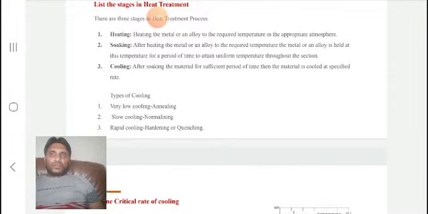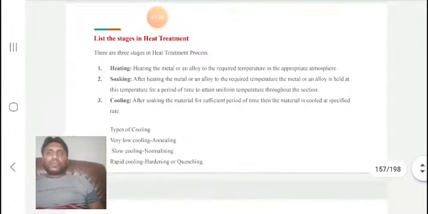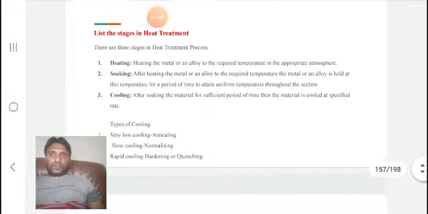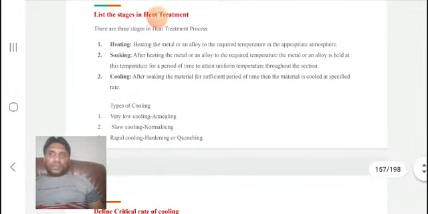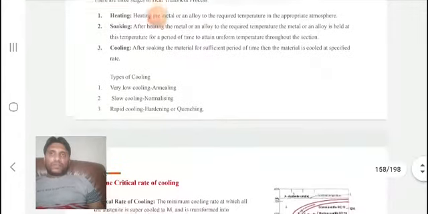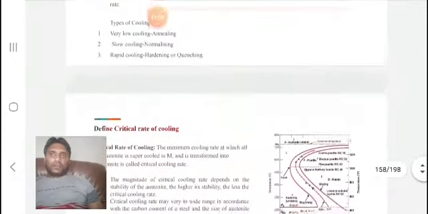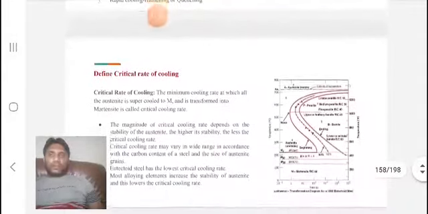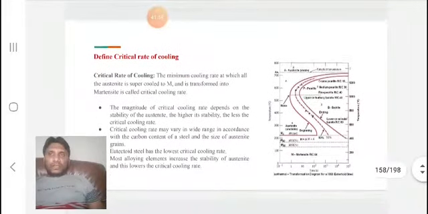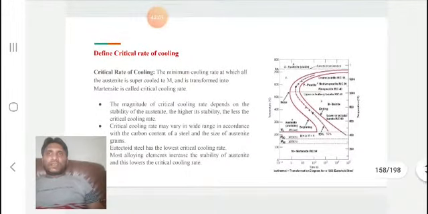Based on these cooling types, the final microstructure will be decided, and the mechanical properties will be based on that microstructure. What annealing, normalizing and quenching are, we will be discussing in the upcoming videos. But before that, finally let us discuss what is critical rate of cooling.